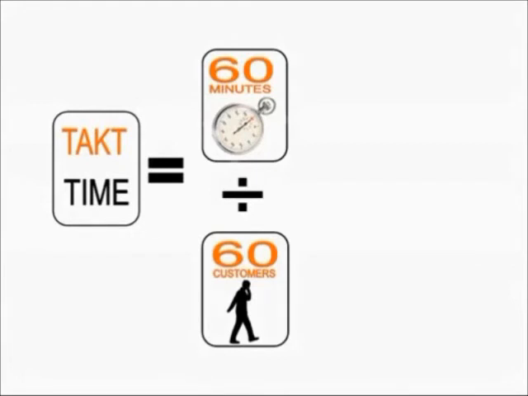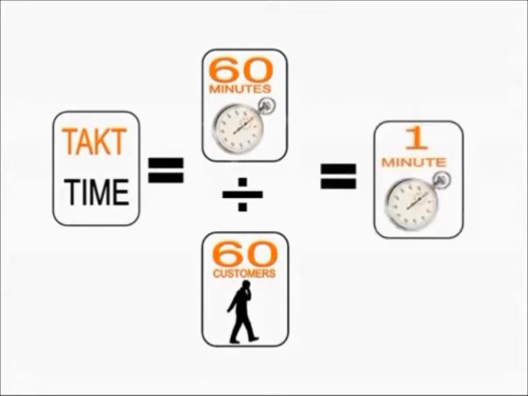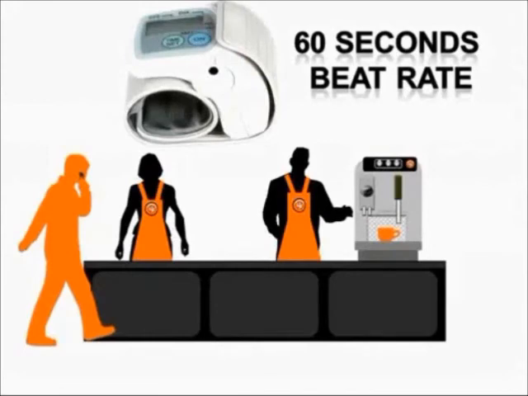So ladies and gentlemen, I can tell you're very excited at this stage. The takt time is 60 minutes divided by 60 customers, which is 1 minute. So we've calculated the takt time to be 60 seconds, so in the Lean Cafe example that would mean that every 60 seconds a customer will be demanding a cup of coffee and we'd have to provide that cup of coffee if we're going to meet the demand levels.